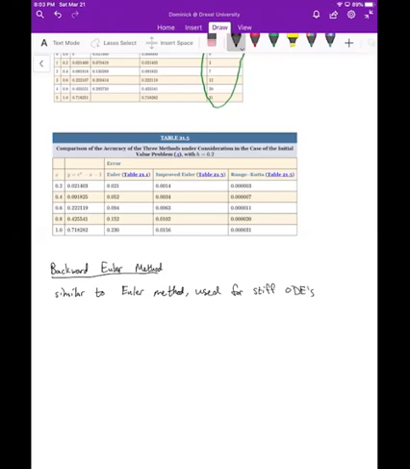And essentially the idea for backward Euler is that you're almost finding future values in order to find what the past values are, right? So that's one thing that's interesting that I'm not going to go into too much detail about, but that is another method that's out there.